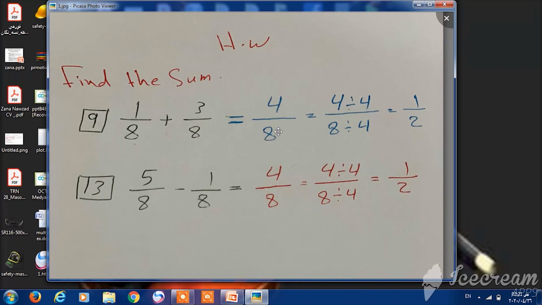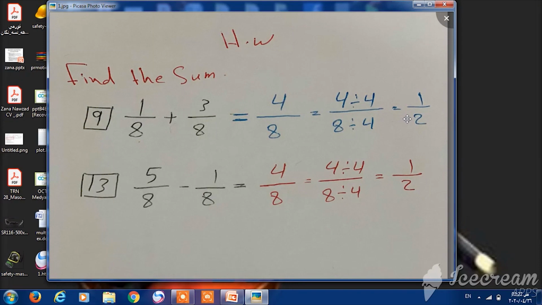So we get 4 out of 8, and you can change it to a simple fraction by finding the common factor between them. We have 2 and 4. We choose the greater factor. We divide the numerator and denominator by 4. So 4 divided by 4 equals 1, and 8 divided by 4 equals 2.